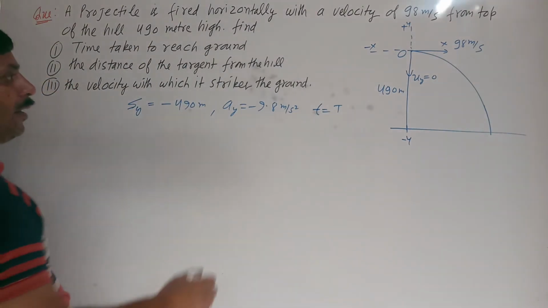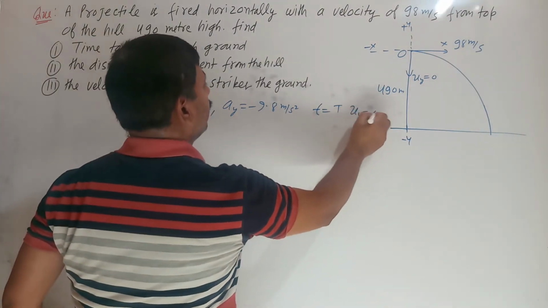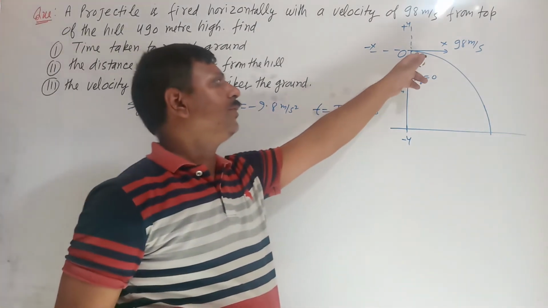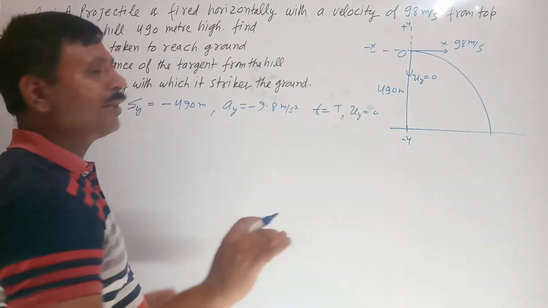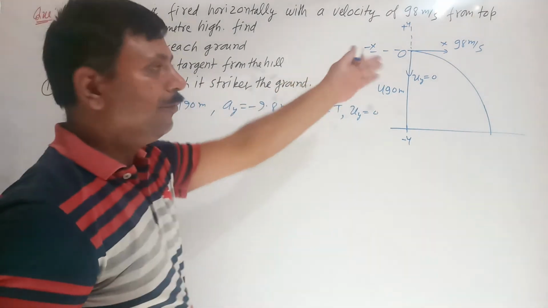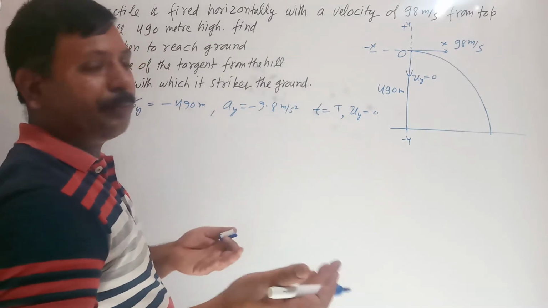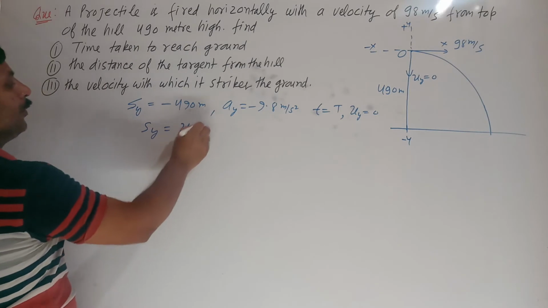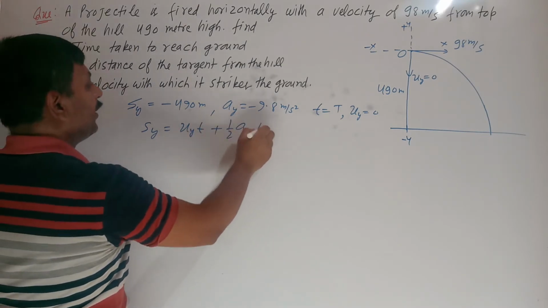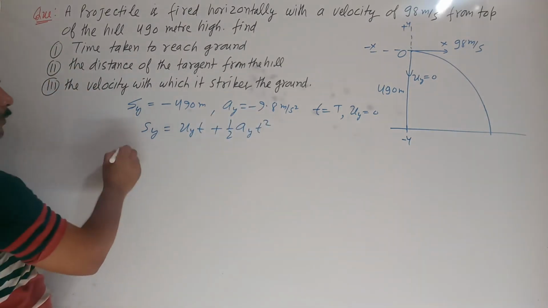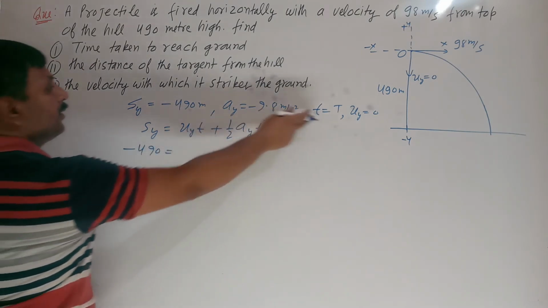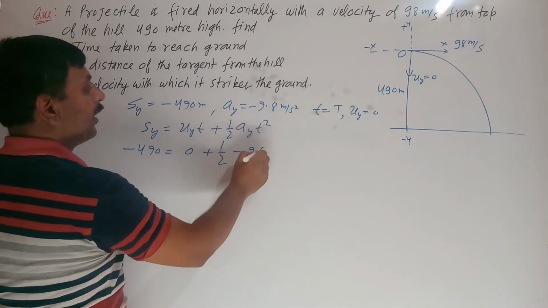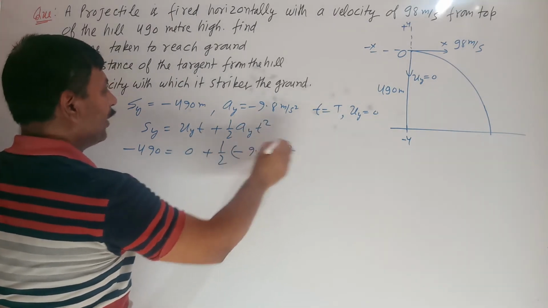What do we know? Initial velocity uy is equal to 0 for vertical motion, because the body is projected horizontally, so the vertical component is 0. Sy is equal to uy t plus half ay t square. Minus 490 equals 0 plus half into minus 9.8 into t square.